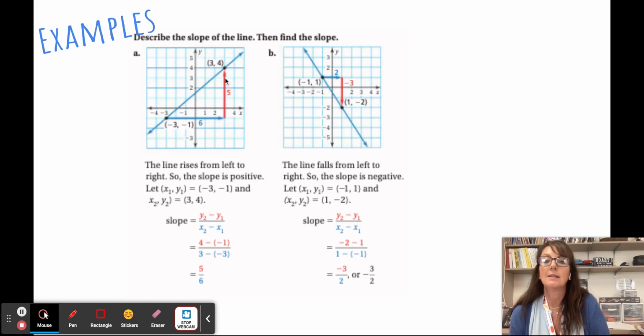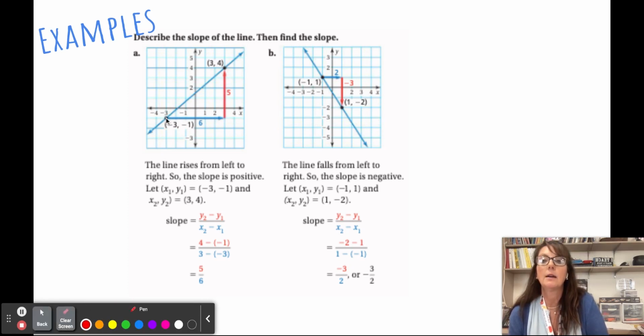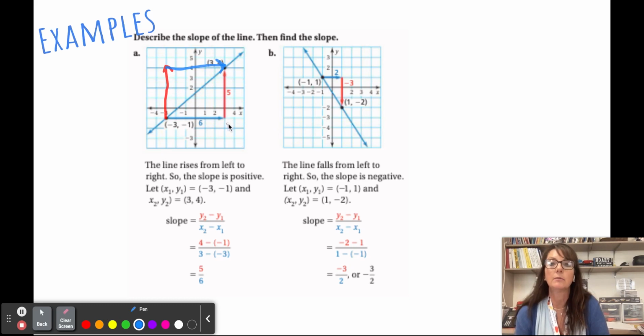I would totally do this differently, because you're doing your rise first. So I would go here like that, and then here like that, it doesn't really matter, as long as you're putting the numbers in the correct place and understanding.